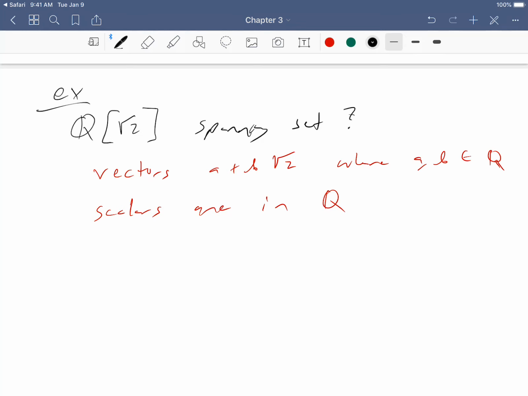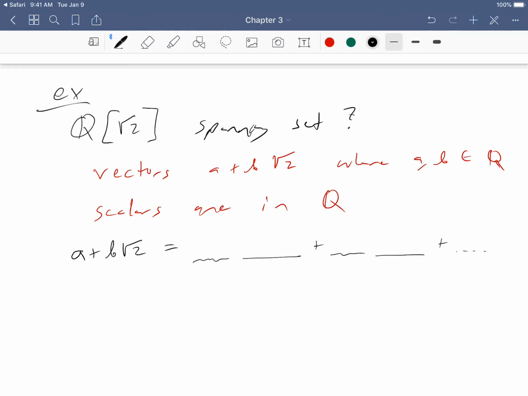Okay, so the idea like above is the same. I'm going to say let's take any arbitrary vector, so that in this setting looks like a plus b root 2, and I'm going to try to write it as this linear combination. I want a scalar times a vector plus a scalar times a vector. And I want to keep doing that as much as I need to.